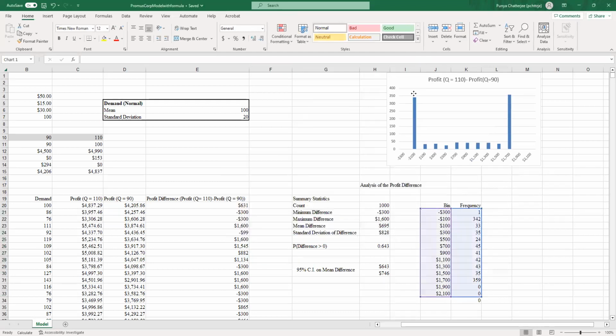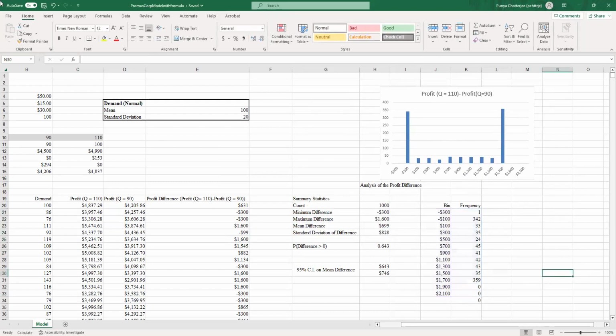So this is your histogram. What the histogram shows is basically you have a high chance of getting a negative 100 profit difference. You also have a high chance of getting a 1700 profit difference.